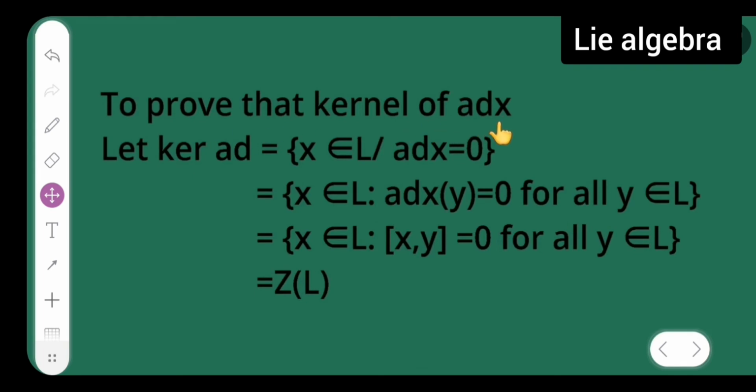To prove the kernel of ad, let kernel of ad be equal to {x belongs to L, where ad(x) = 0}. Now this statement comes from where? You all have to know what the kernel is; I have given you a note. Wait, let me go to that note.